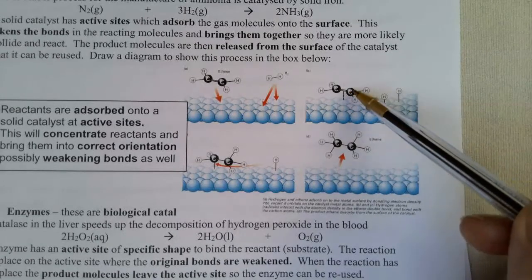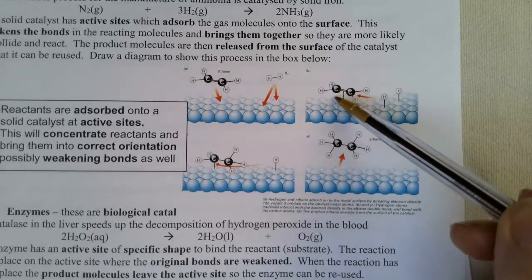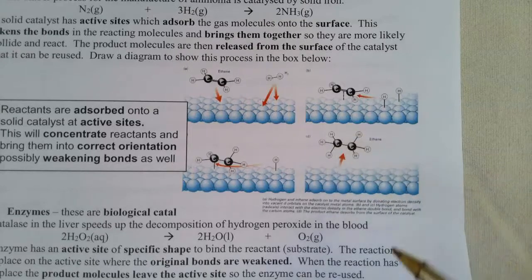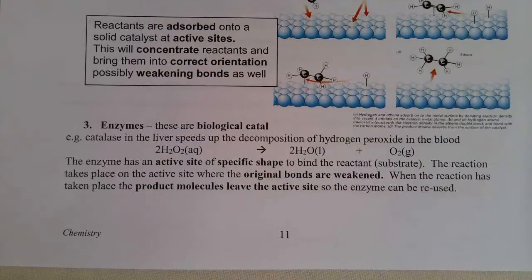Those atoms then can react with the ethene, and then the last step, the product is desorbed from the surface of the catalyst. The last type of catalyst you need to be aware of is enzymes. These are biological catalysts, and these are usually very specific, so they will only catalyze one particular pathway.